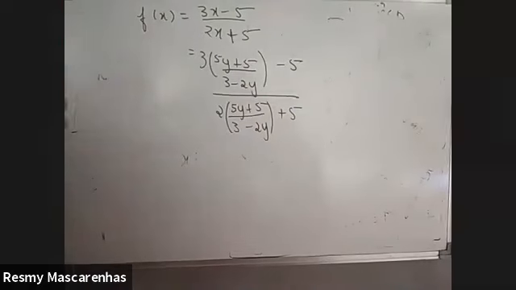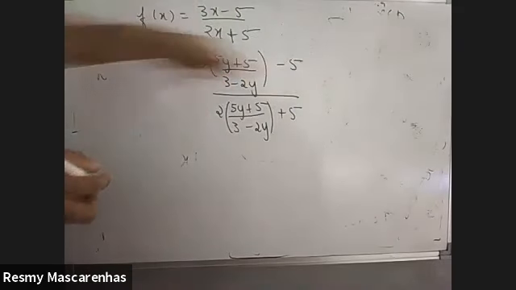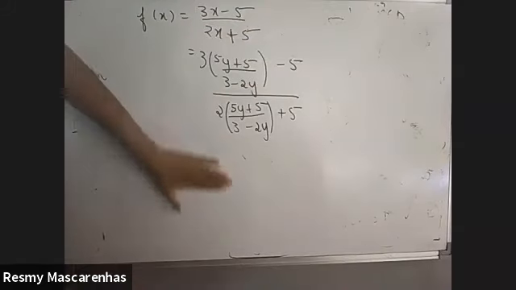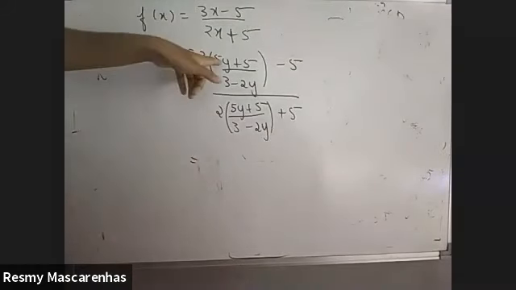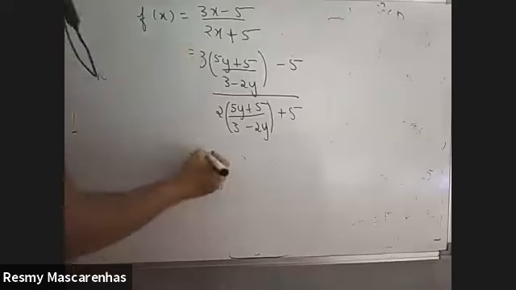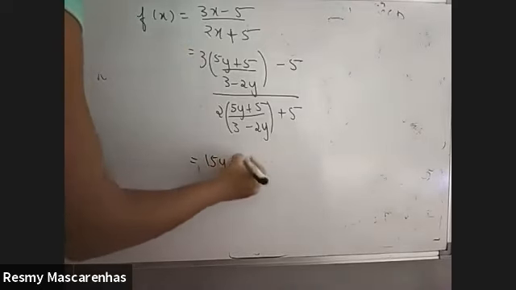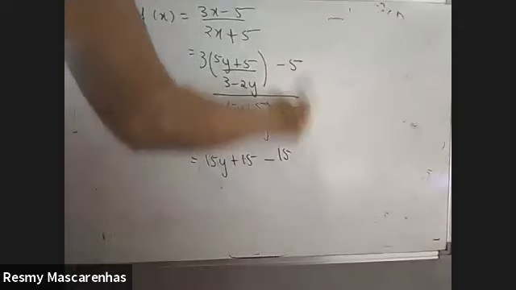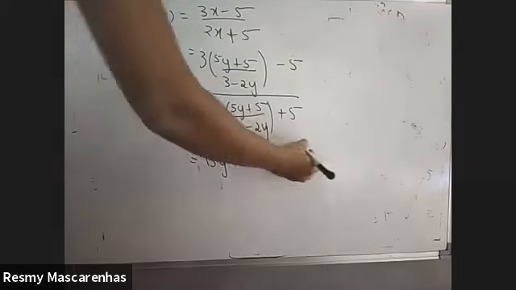So cross multiply. 3 minus 2y will go here. Okay, so I'll directly write: this 3 will get multiplied inside. So this will be 15y plus 15, minus 5 into 3 will be 15. Minus into minus will give me plus.